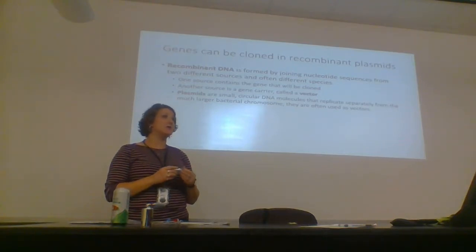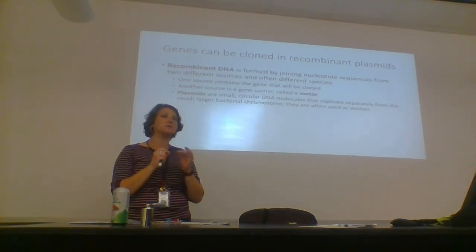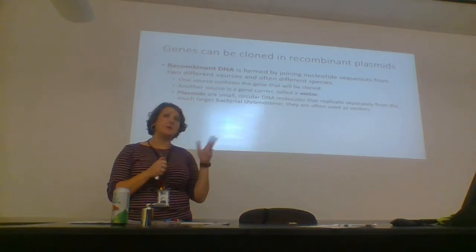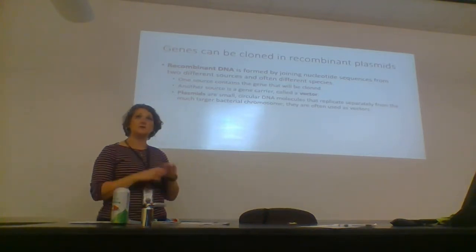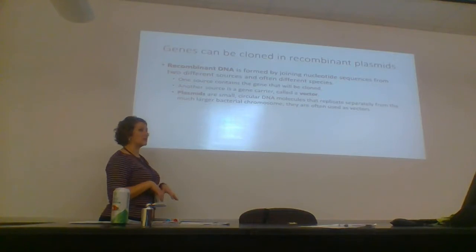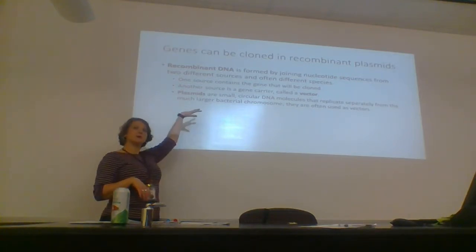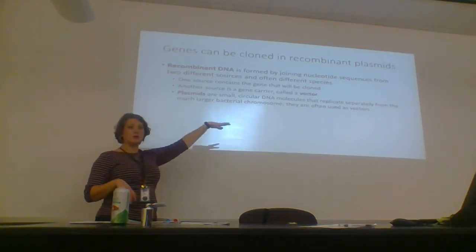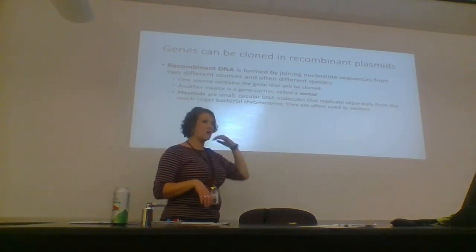That's the stuff we usually target, because it's a really small piece that you can deal with pretty easily, and it replicates separately from everything else, so we can target it specifically. For a lot of this, we're going to end up using bacteria. E. coli gets used a lot.